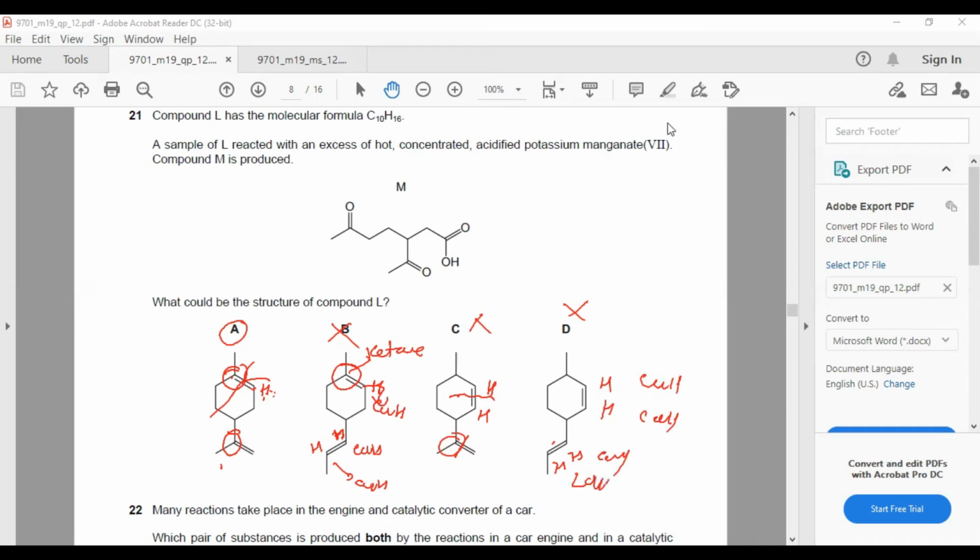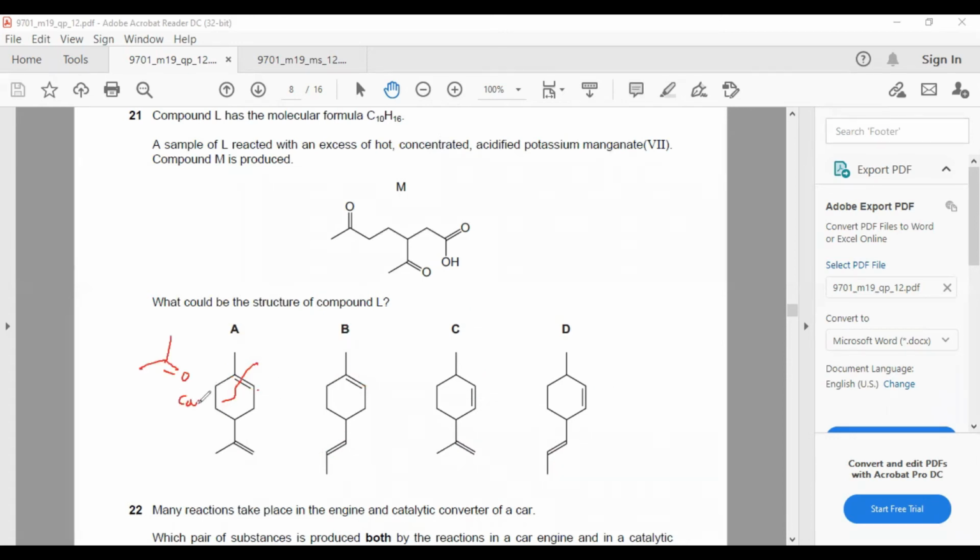Okay, so what is the answer? A for apple. This will form ketone. The bond will be broken down. So this will form ketone, this will form carboxylic acid, this carbon forms this, and this forms ketone again.